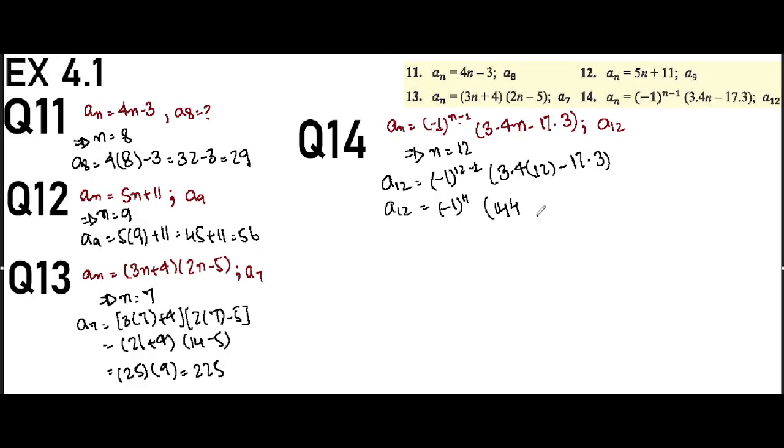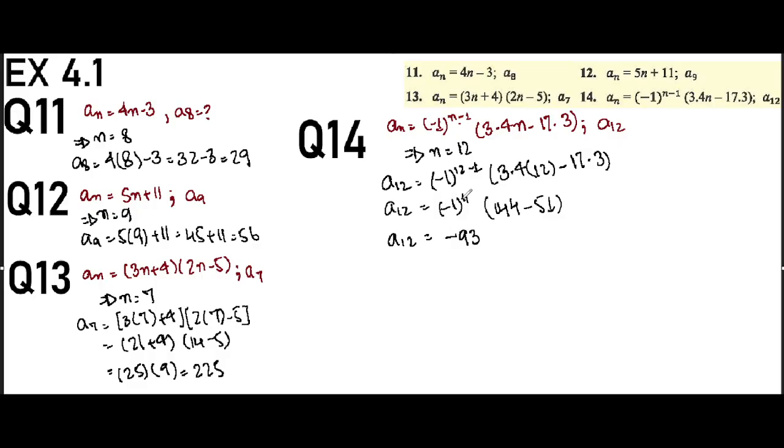Okay, this is equal to 51. Then we have a_12 equals (minus 1) raised to the power 11. A negative number with an odd power gives us a negative sign. Then 144 minus 51 gives us 93. So this is the 12th term of this sequence.